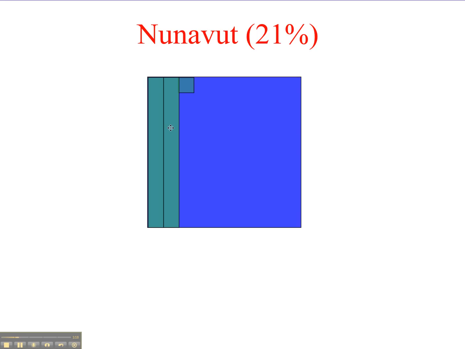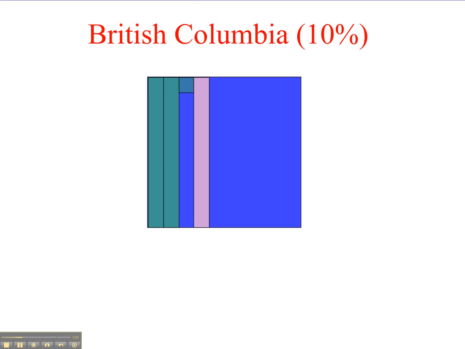In this case we have 2 bars, each representing 10, and this is a 1 unit, so together that adds up to 21. So Nunavut takes up 21% of the whole, which we're calling Canada. British Columbia is 10%, so that was quite easy. We just put 1 bar in there, and that's 10% because it's 10 units.